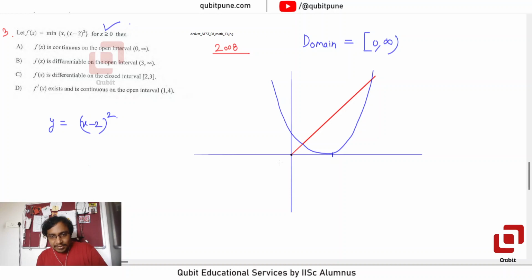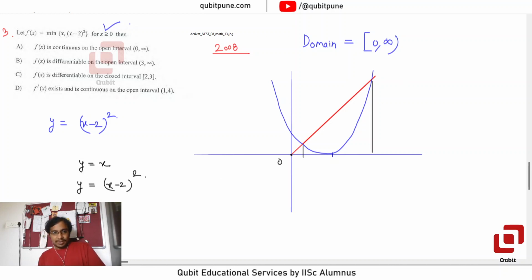In between this point and this point, it will be y equal to x. Then in between this point and this point, it would be x minus 2 bracket squared, and after that, beyond that, it will again come to y equal to x.